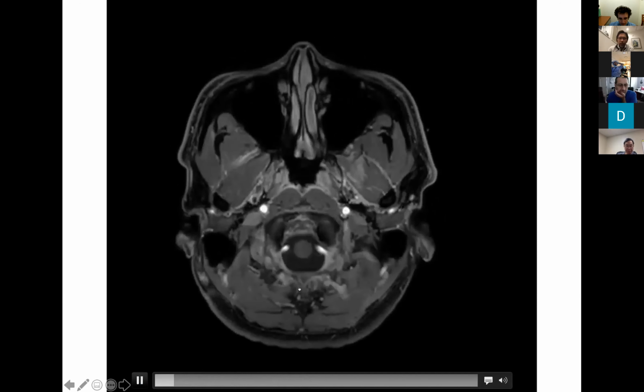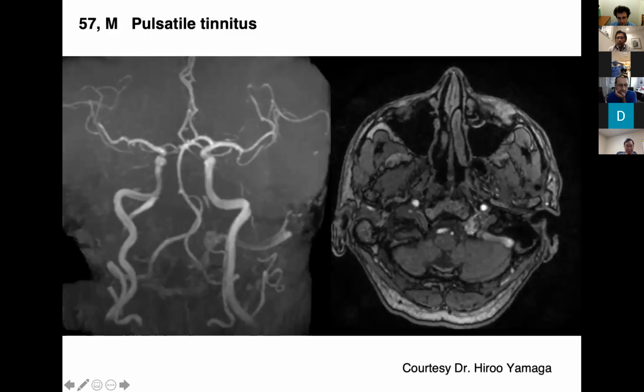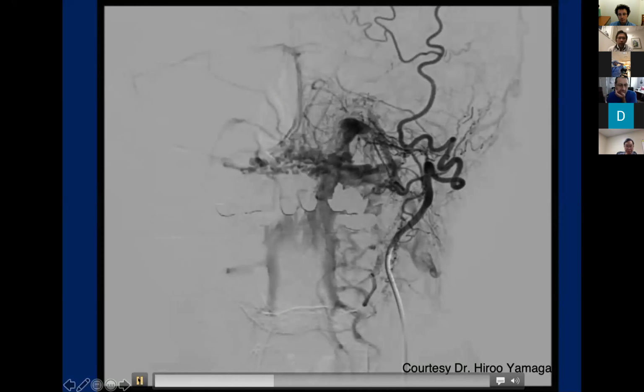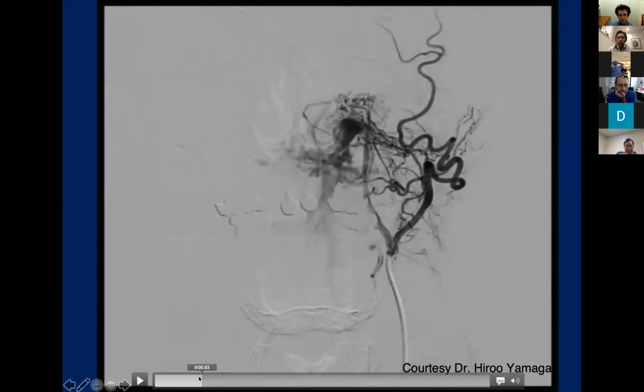Maybe we just haven't run into those yet, but you can see this kind of vein that drains into the marginal sinus. There's another case here from a friend of mine. There's a shunt, I don't know exactly the location of the shunt, around the marginal sinus, or sometimes maybe around the condylar veins.